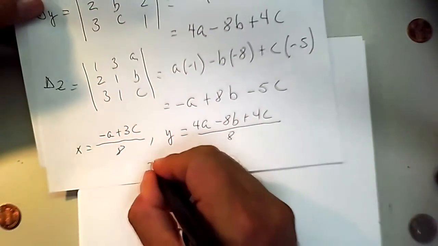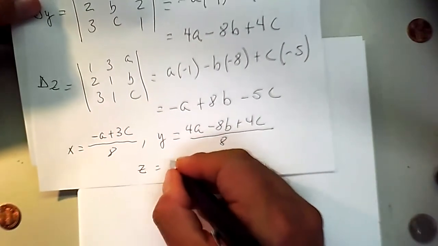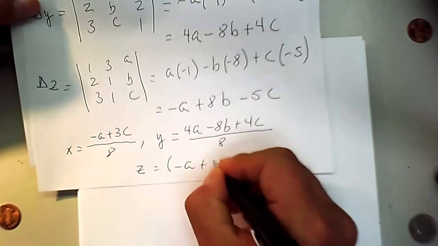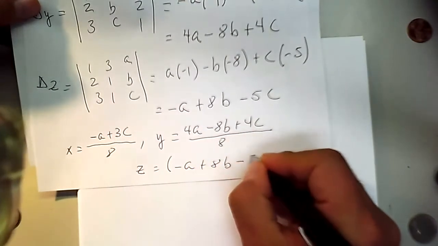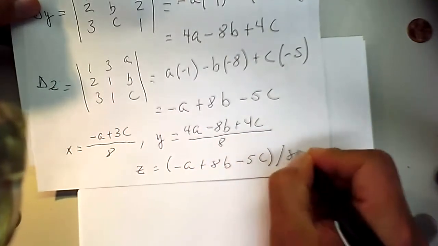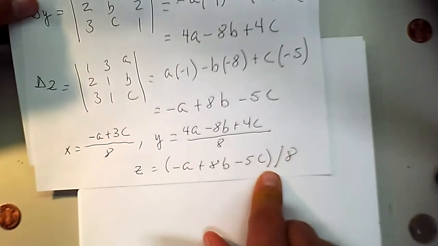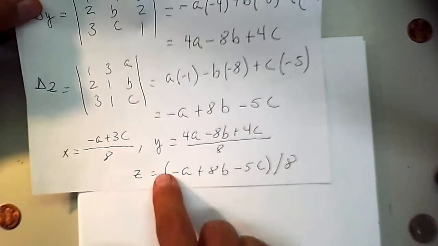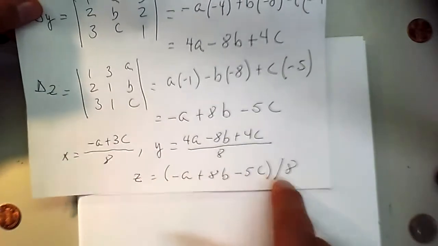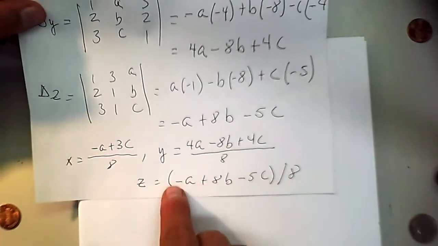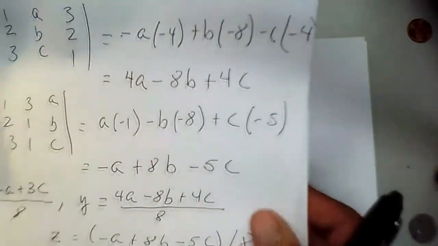And z is equal to (negative A plus 8B minus 5C) over 8. The reason why I use parentheses is because I'm using a slant fraction line. If I don't put the parentheses, only this is divided by 8, but not everything. So everything is divided by 8.